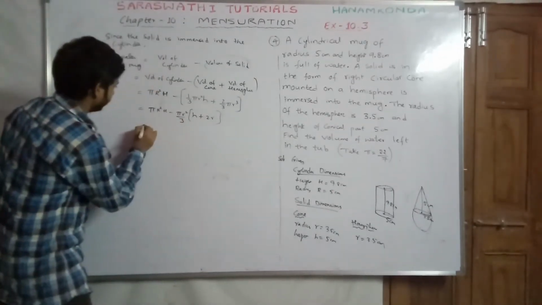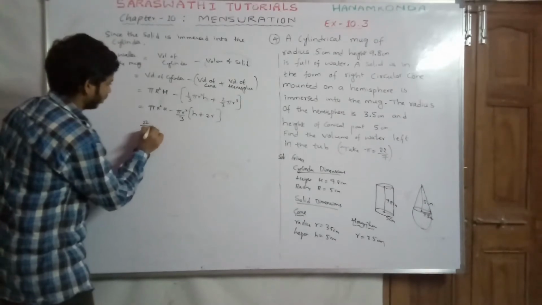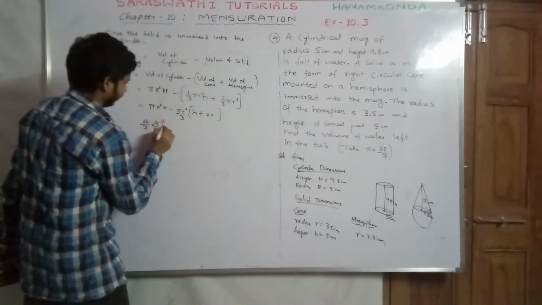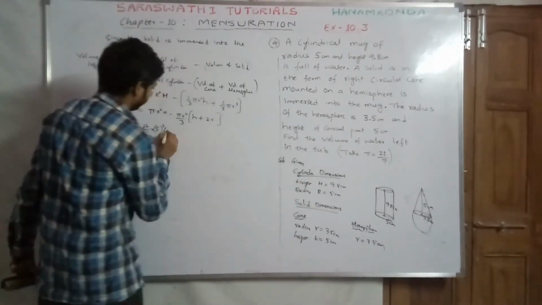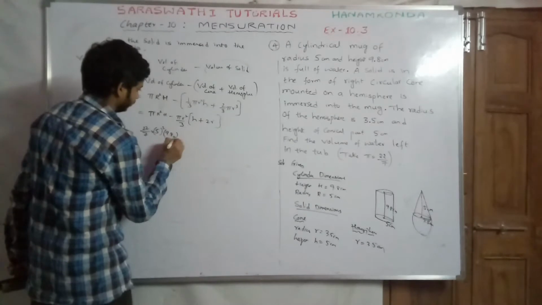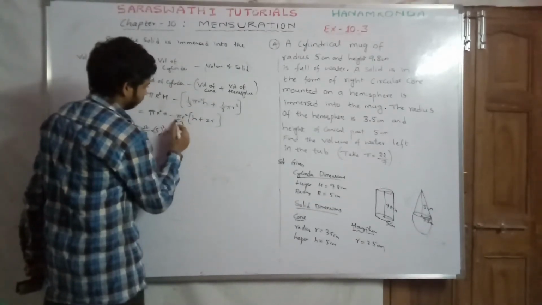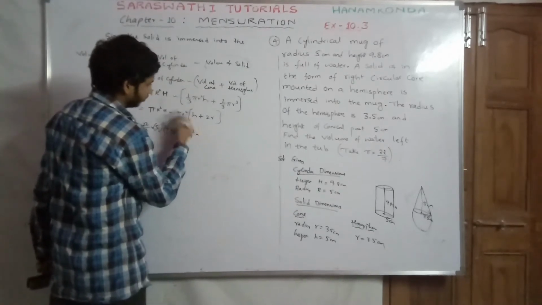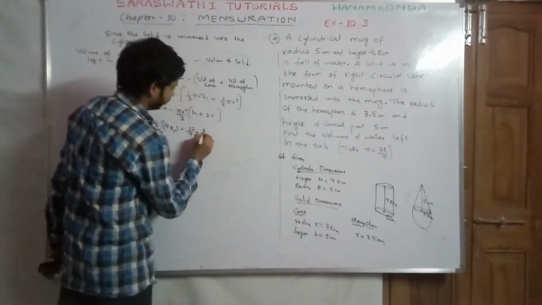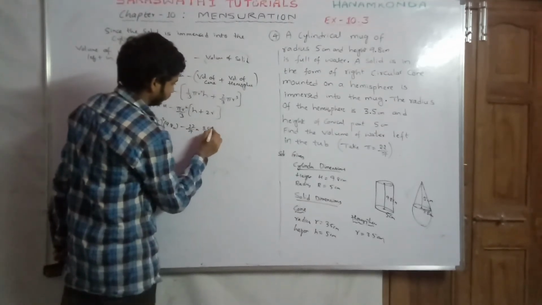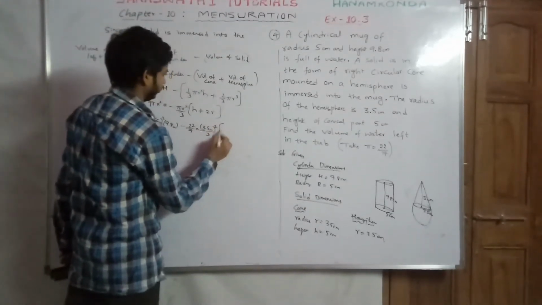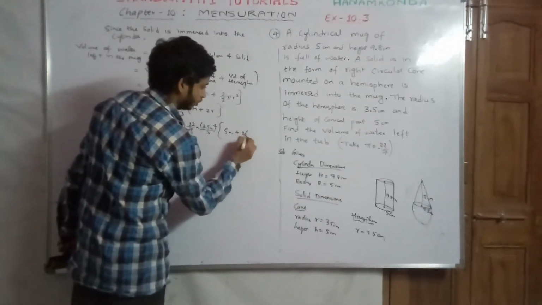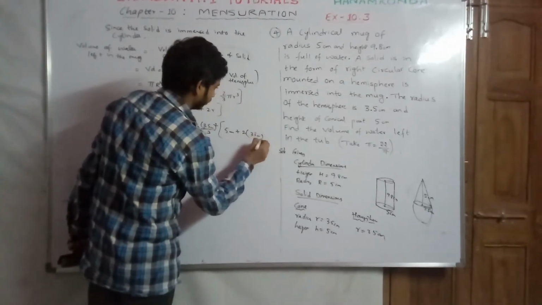Now substitute the value of pi as 22 by 7 into R square, where capital R is 5 centimeters whole square, into H, which is 9.8 centimeters. Minus 22 by 7 into r square by 3, where small r is 3.5 centimeters whole square, by 3 into (h, which is 5 centimeters, plus 2 into r, which is 3.5 centimeters).